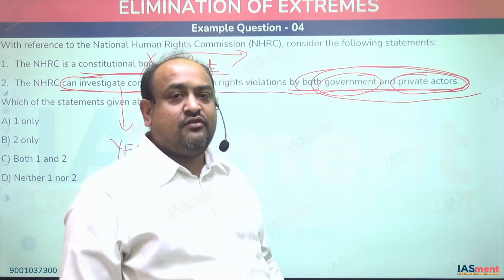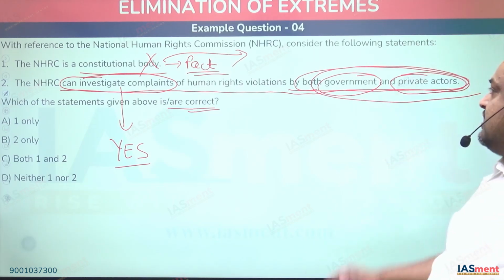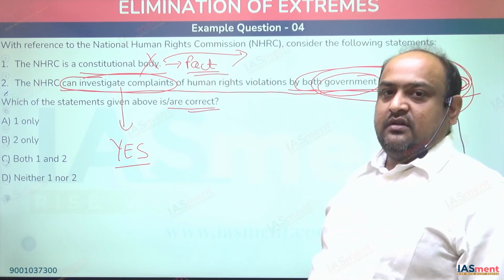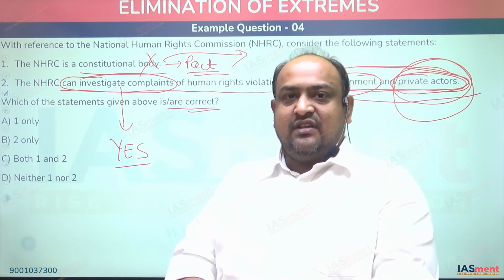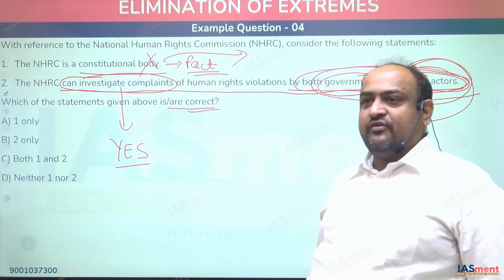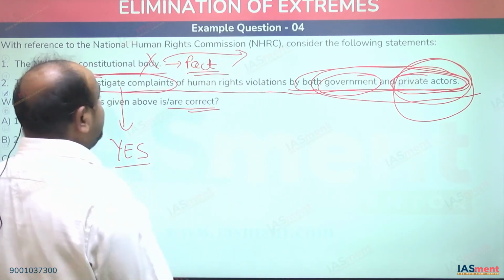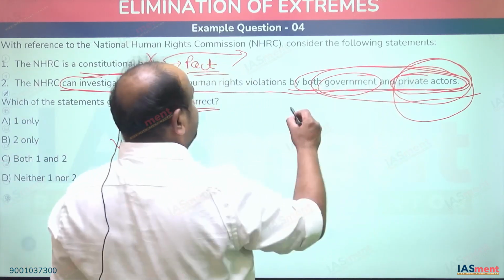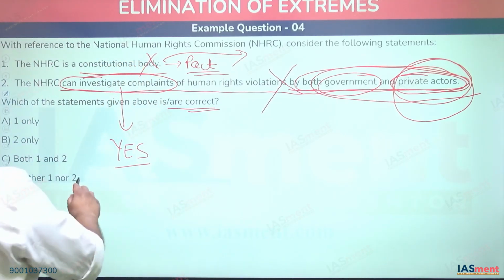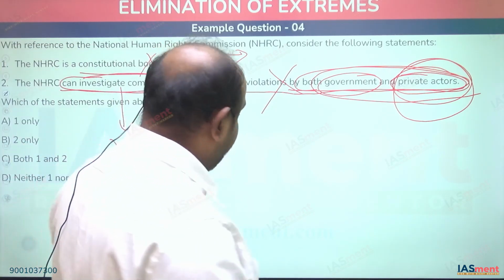Now here logic can be applied: if NHRC starts investigating private actors also, NHRC will be in a terrible state, investigating. And NHRC is not made for that. For that, police is there, right? So statement 2 is very, very weird. So this will be wrong. Answer is D.